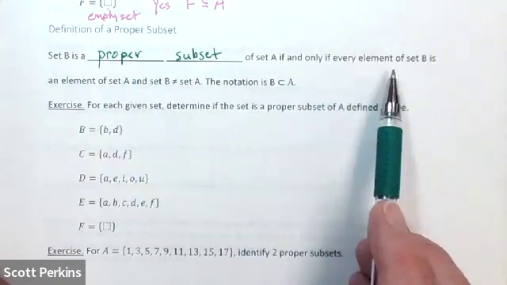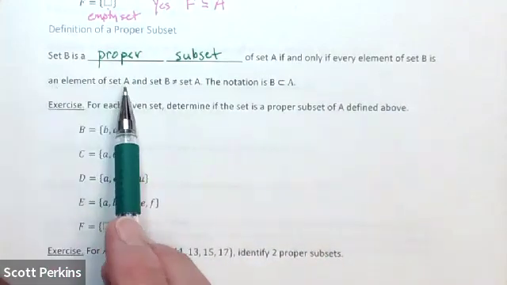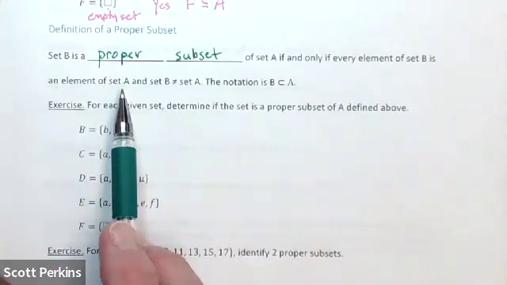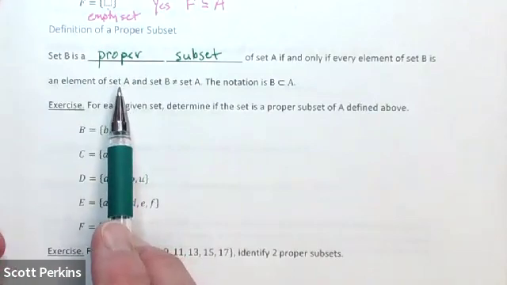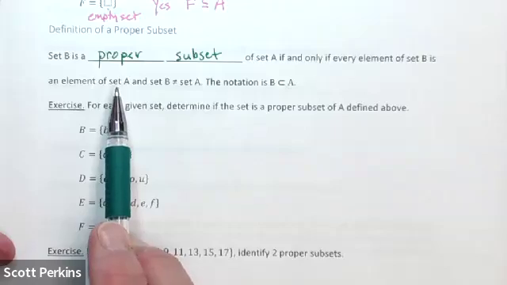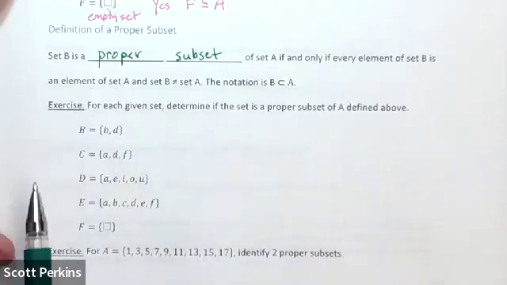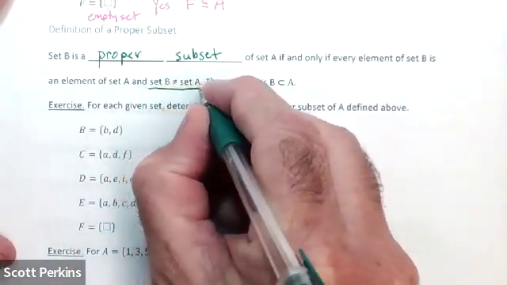If every element of set B is an element of set A, that is just the definition of a subset. So what this first says is, if you're going to be a proper subset, you first have to be a regular subset. Okay, that's the first criteria. But then the second criteria, set B is not equal to set A.